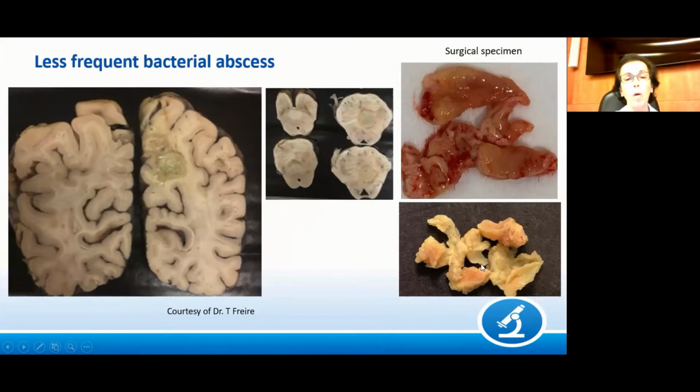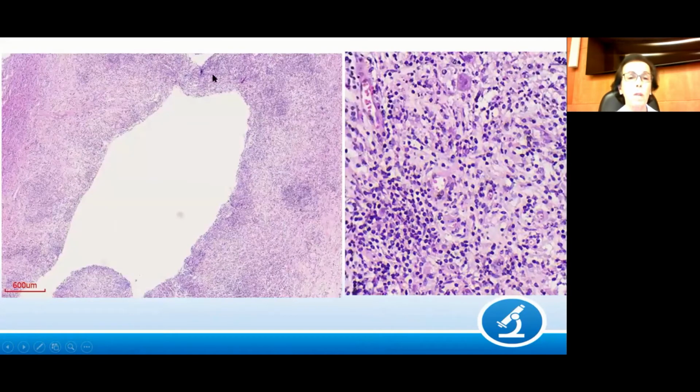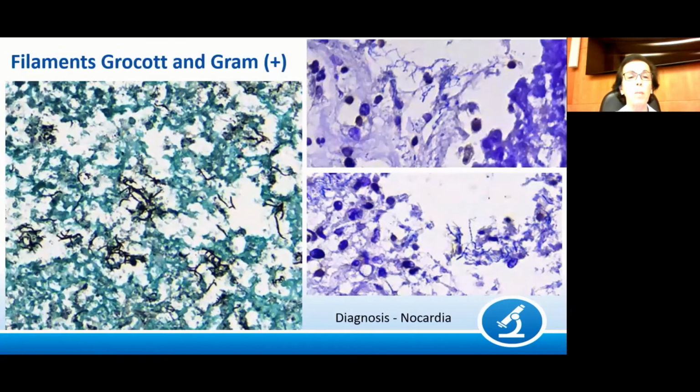When we saw the histology, it was an abscess with lots of mononuclear and some polymorphonuclear cells as well. There was a tendency to form granuloma, but they were not typical granulomas. There was maybe a giant cell, but not the typical giant cells as we're going to see later. And when we did the special stains, they were positive with the silver Grocott.